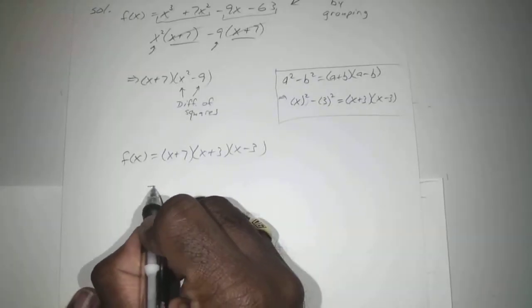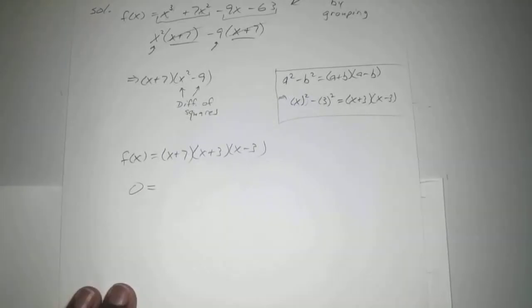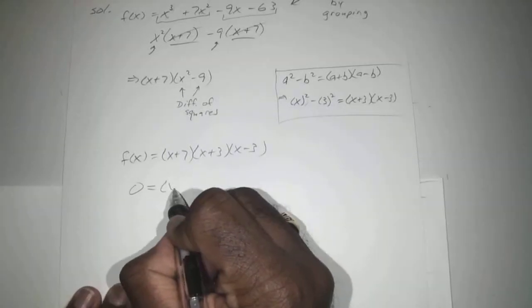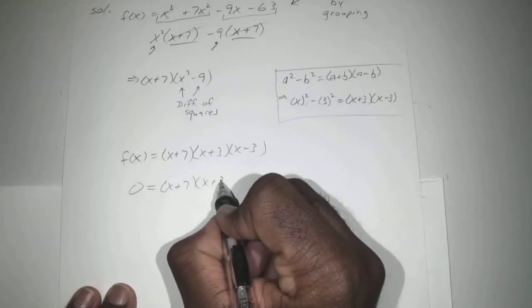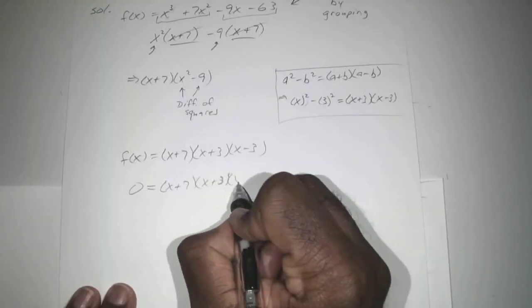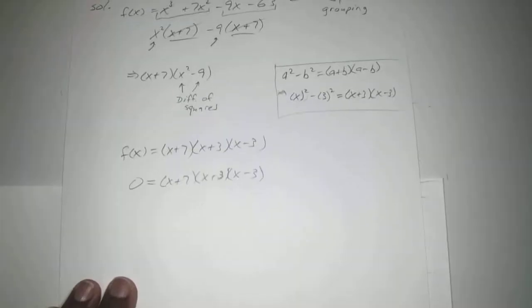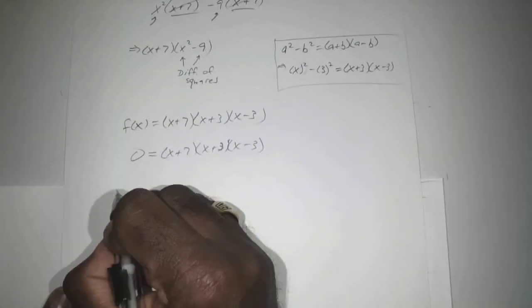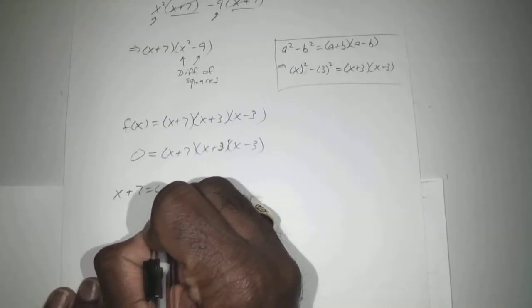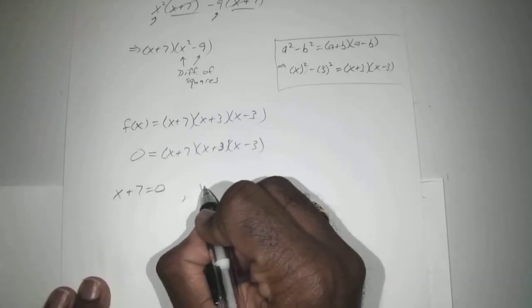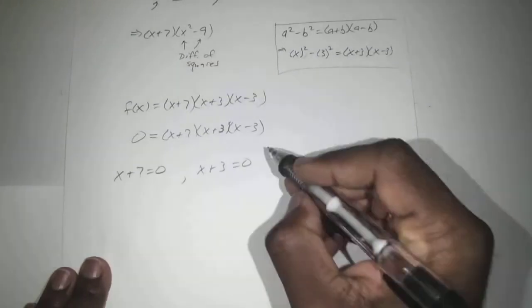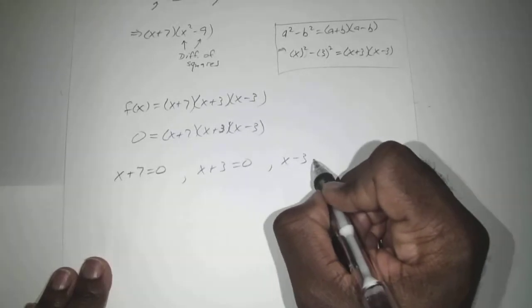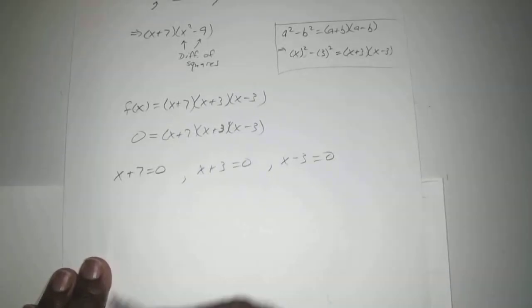So that just means we're looking for the 0. x plus 7, x plus 3, and x minus 3. Our x plus 7 can equal 0. Our x plus 3 equals 0. And our x minus 3 equals 0.